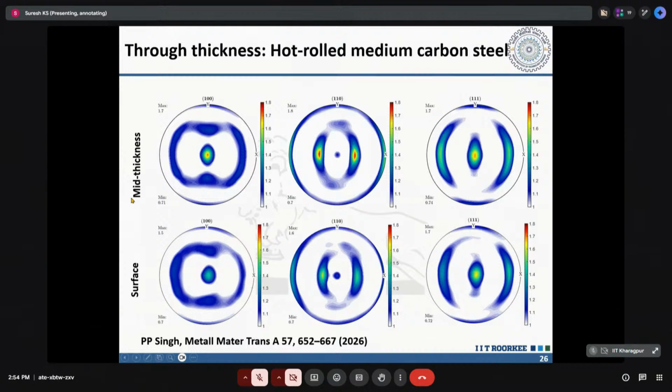Now, why do we go for the mid thickness measurement of the X-ray pole figure? Because rolling is a plane strain compression process. The plane strain deformation is strictly true at the mid-thickness region, while at the surface one may see some effects of shear also.